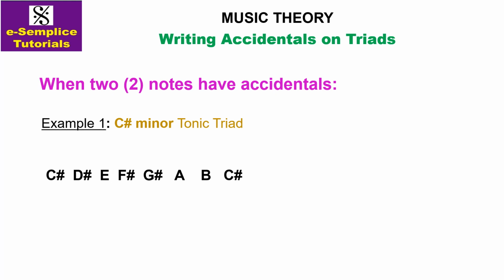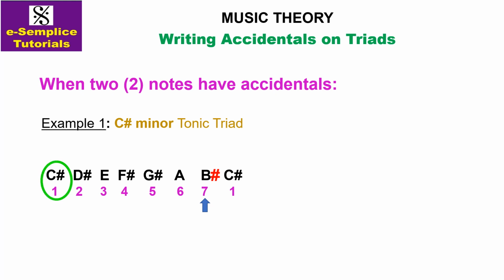As usual, the letters in the scale of C sharp minor, the degrees of the scale. This is a minor key. You will have to raise the seventh note. If you raise the seventh note, which is B, it becomes B sharp.